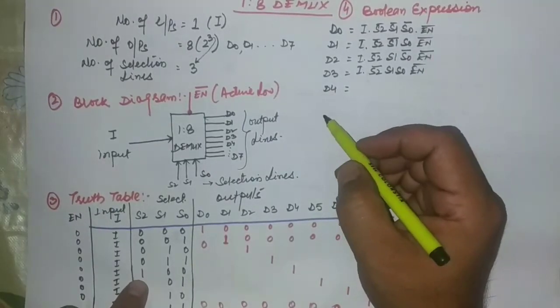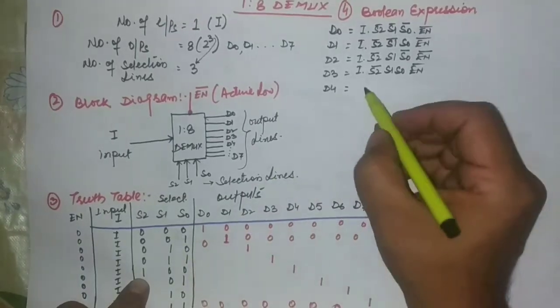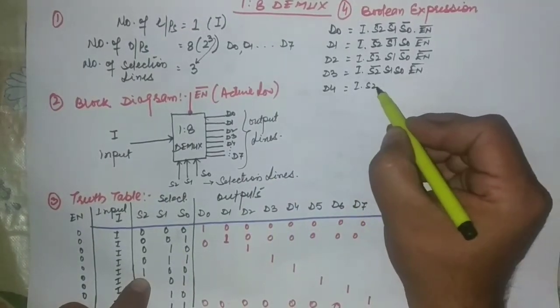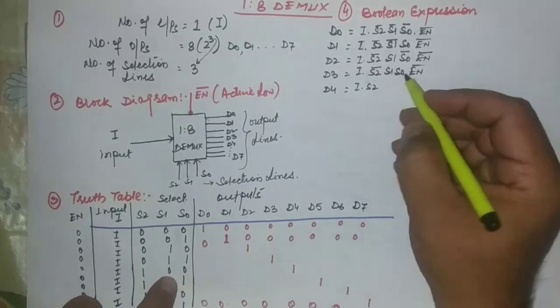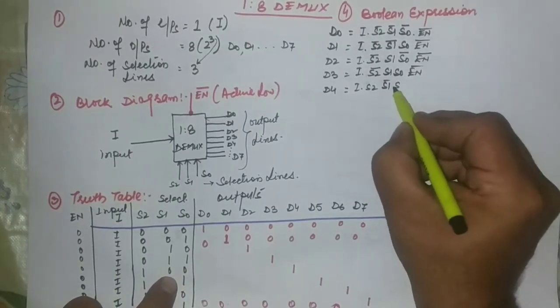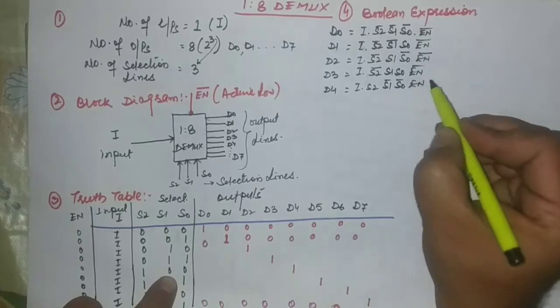Now next, S2 is 1, so these two are zeros. So S1 complement, S node complement, and En.